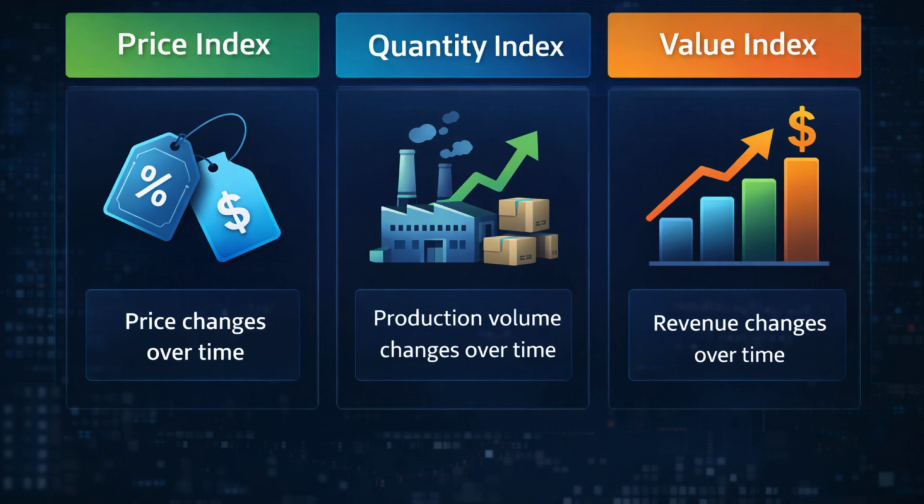Understanding these categories is essential because different economic questions require different types of indices. For example, if we want to measure inflation, we use price index numbers. If we want to track production growth, we use quantity index numbers. If we want to measure total revenue or output, we use value index numbers. In the next section, we will explore these types in detail.